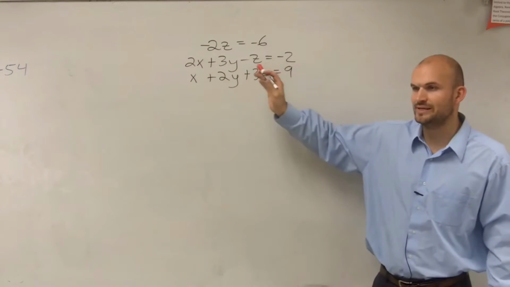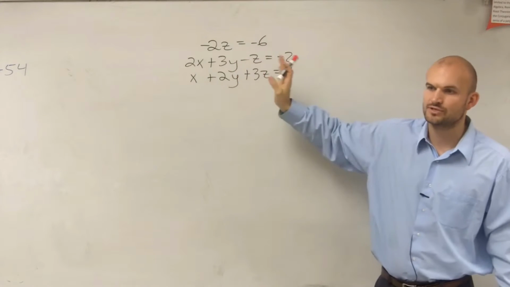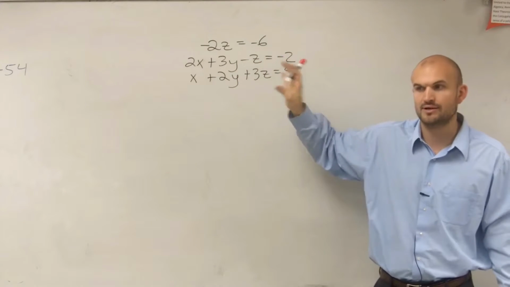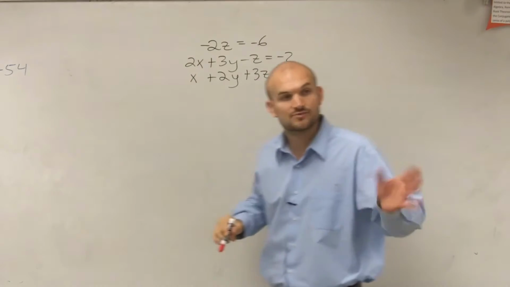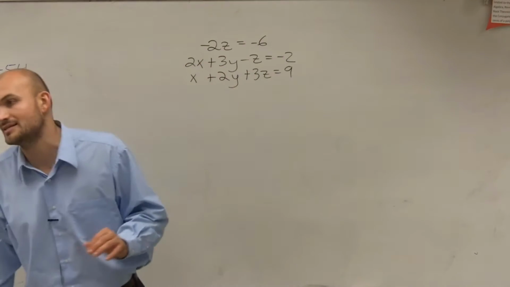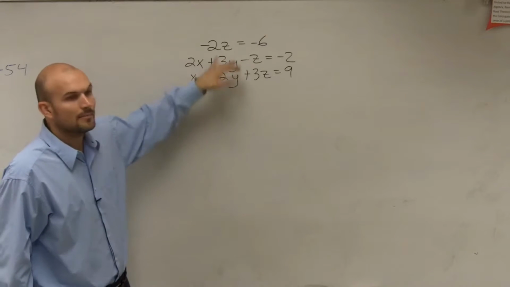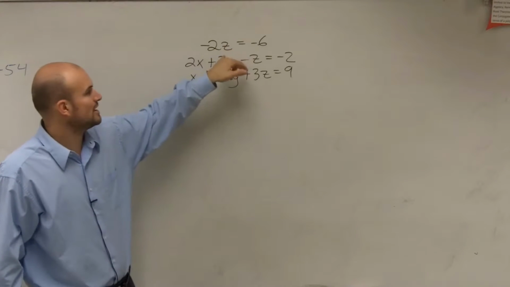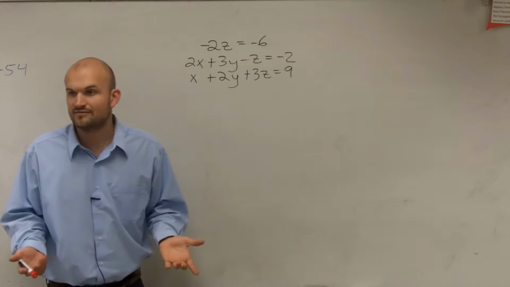So what we need to do is say, can I rewrite this as a system with 2 variables? Now the first thing is, what is the only piece of information that you guys need to know? Right now I have x, y, z. But my other equation just has negative 2z equals negative 6. So can I find the value of z, right?